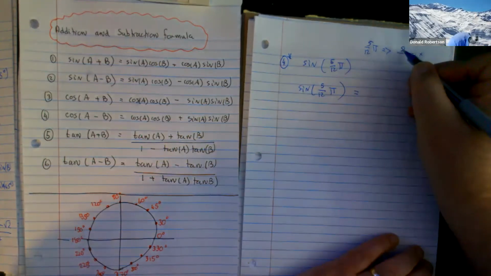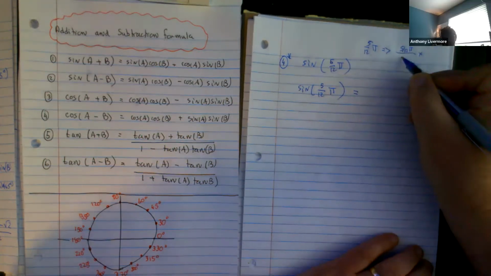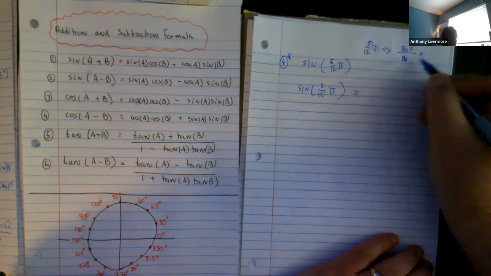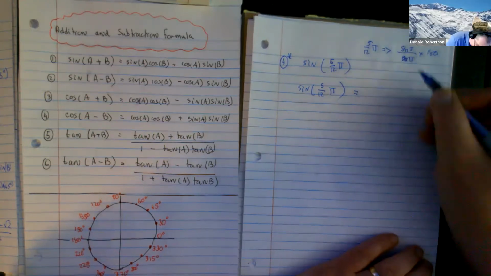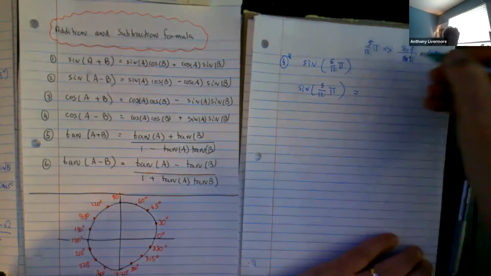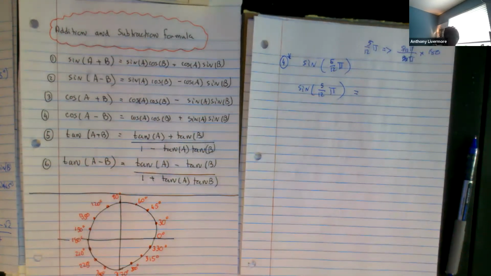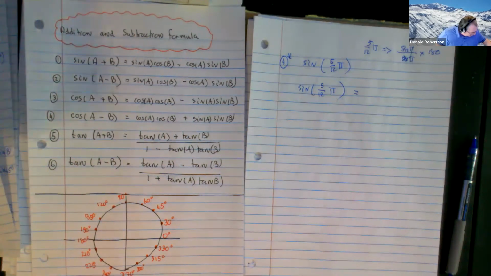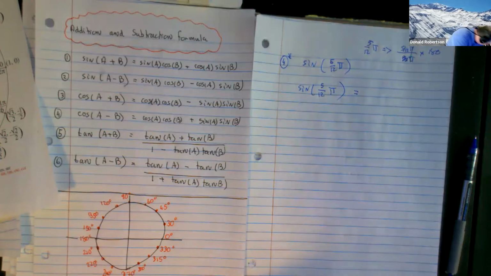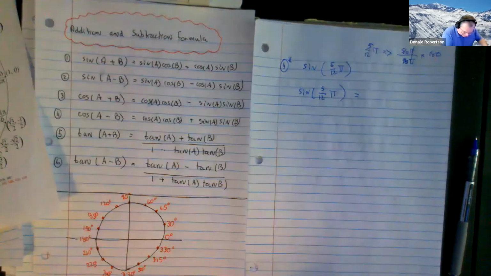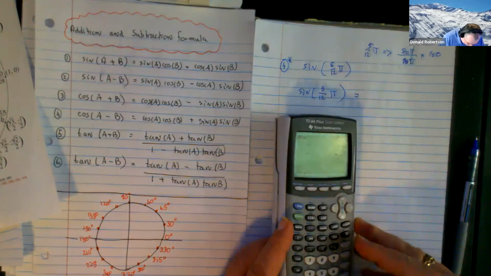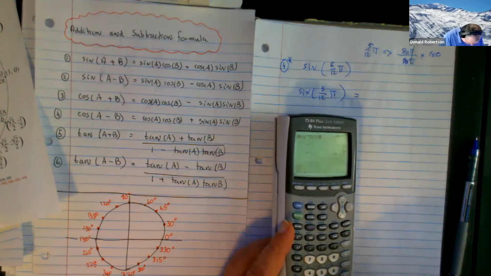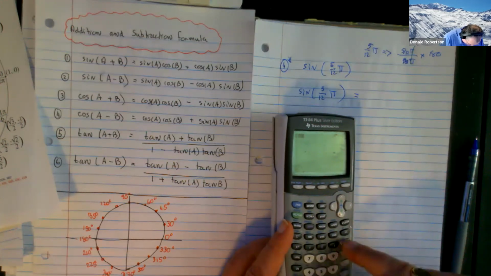Don't the pi's cancel out? Right, the pi's disappear, and you basically just find 5/12. So I go to the calculator and there's 5/12, times it by 180.